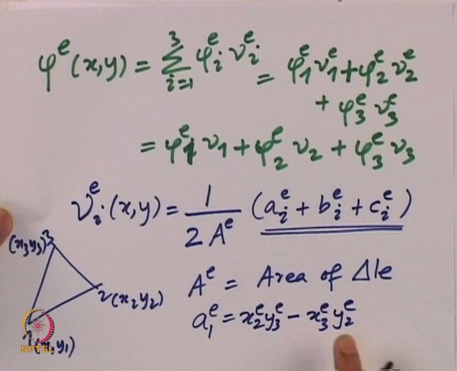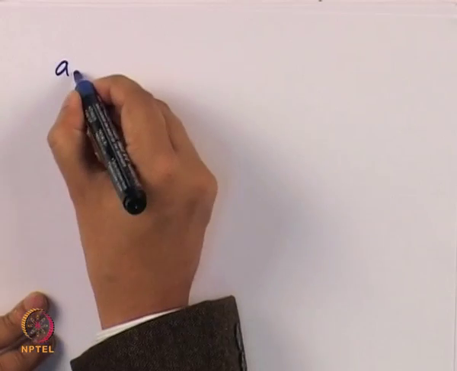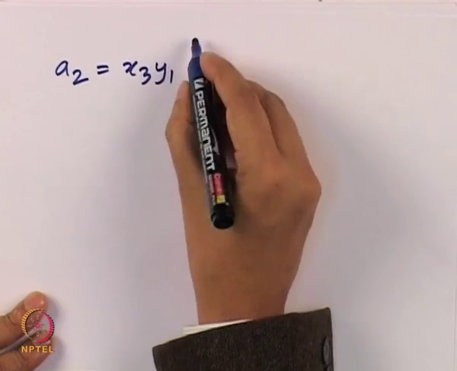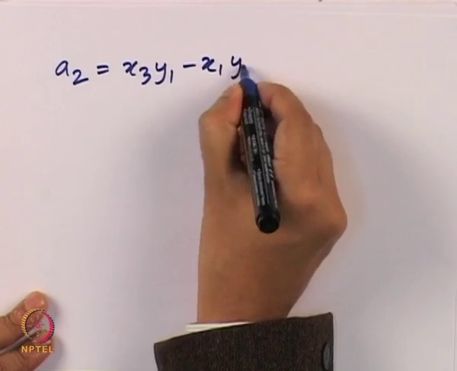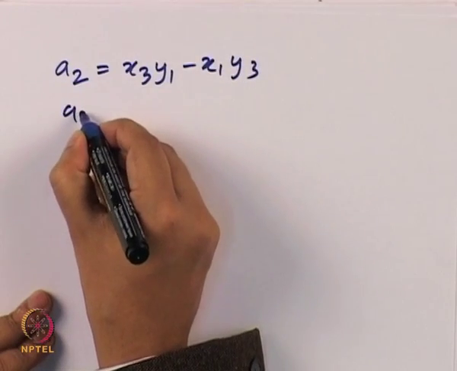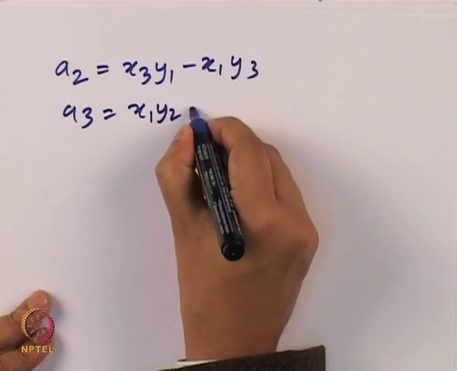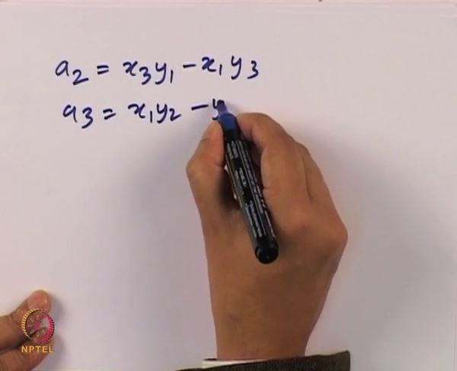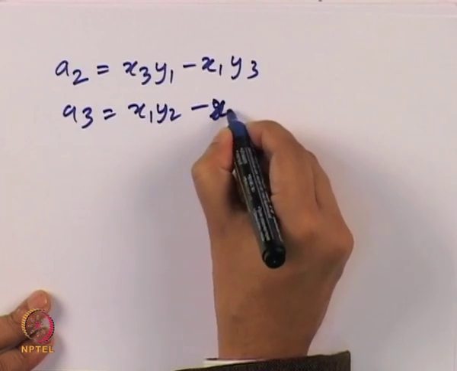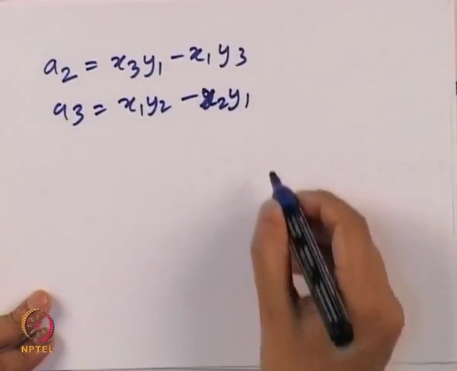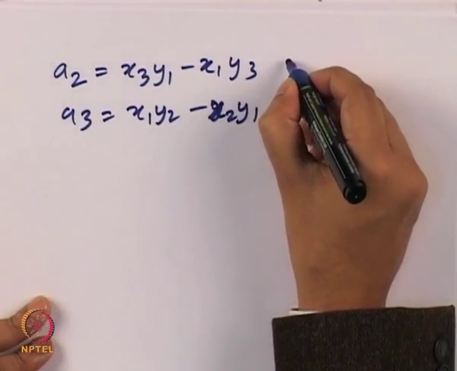So we have done it for A1, so we will write it for A2. So A2 is equal to x3 y1 minus x1 y3, A3 is equal to x1 y2 minus x2 y1.